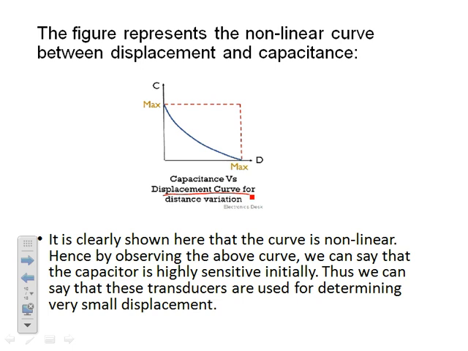Hence, by observing the above curve, we can say that the capacitor is highly sensitive initially. Thus, we can say that these transducers are used for determining very small displacement.